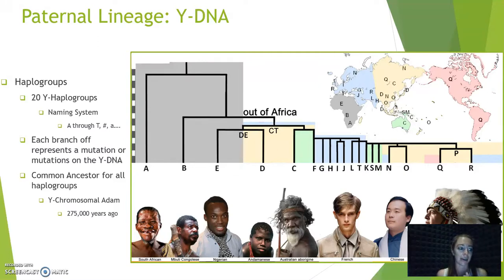He is just a man from 275,000 years ago whose Y chromosome was able to travel throughout time with mutations to present day. He's not the first man. At the time, there were thousands of other men and women, and we just should let you know that that is a very common misconception, so don't believe it.